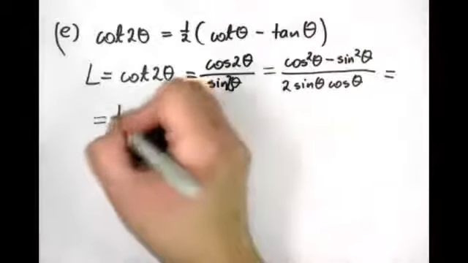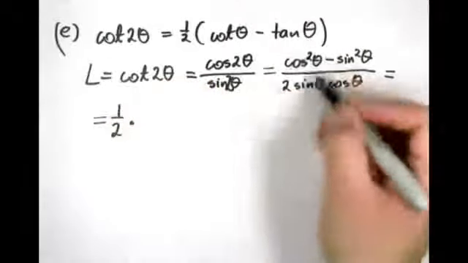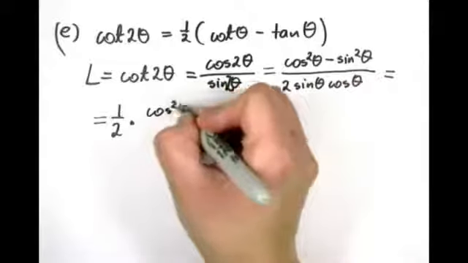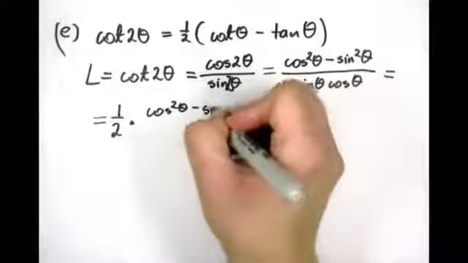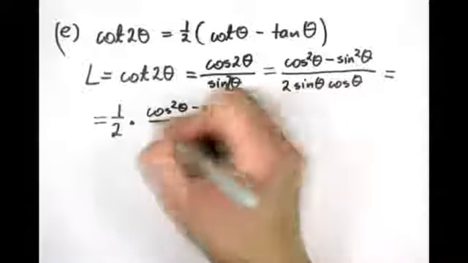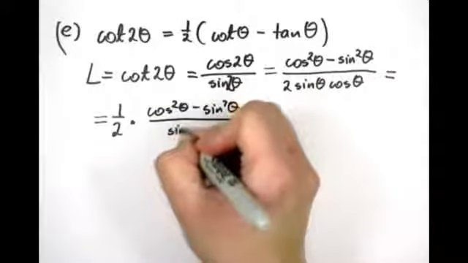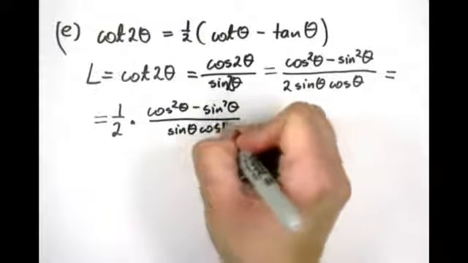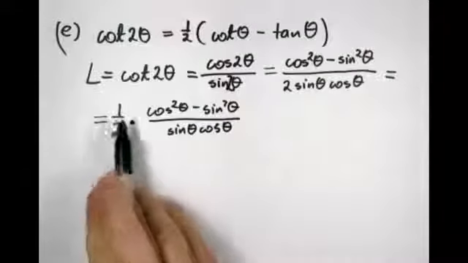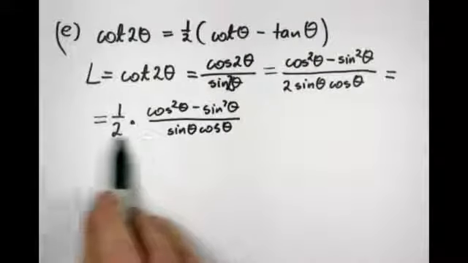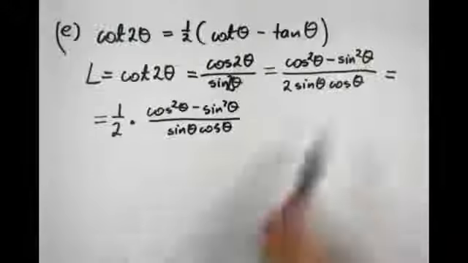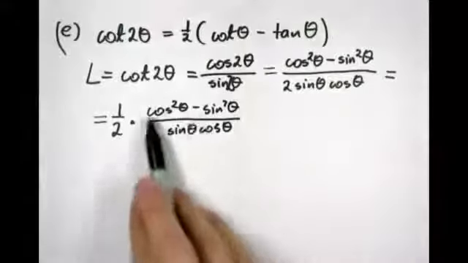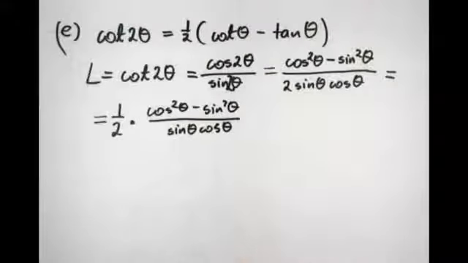We can write 1/2 times the fraction, cos square theta minus sine square theta over sine theta cos theta, because with multiplication, you multiply the top and you multiply the bottom. So that's equivalent. Now I'm going to undo the subtraction.